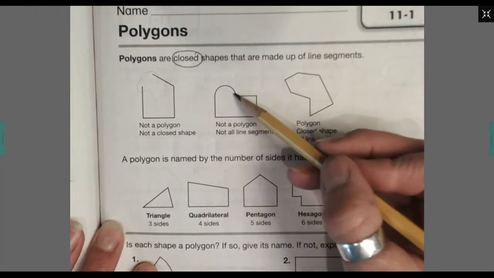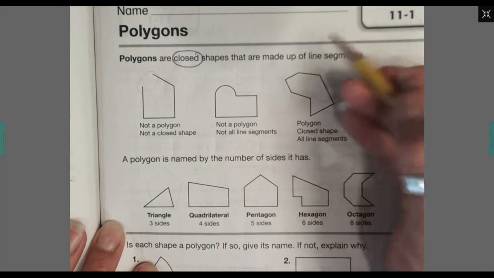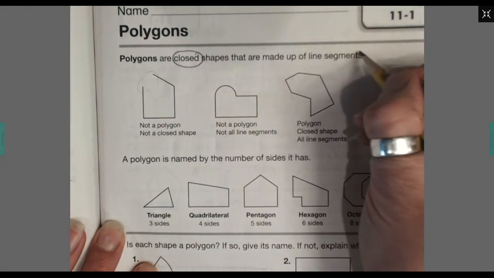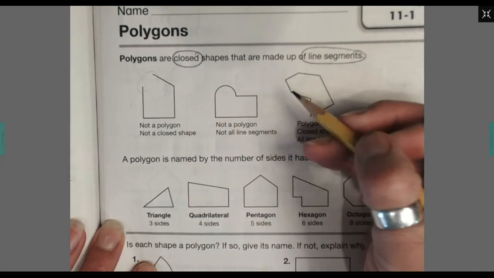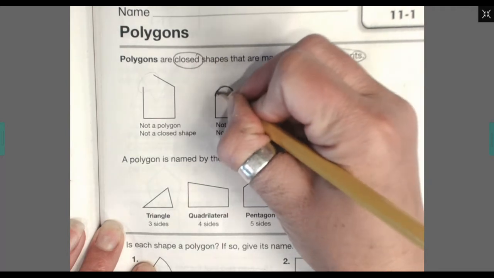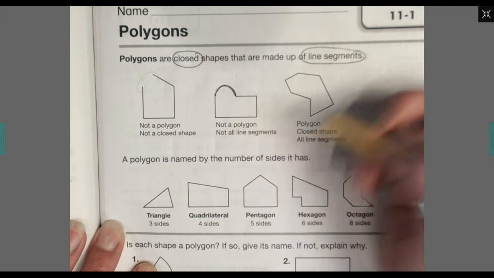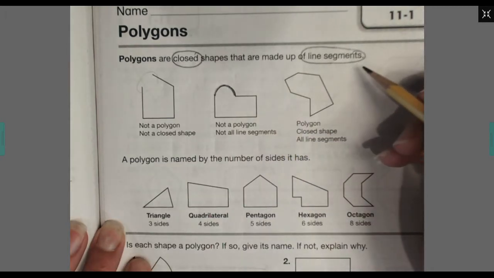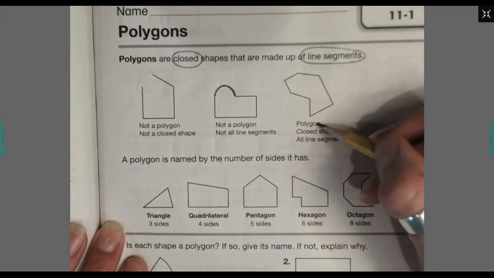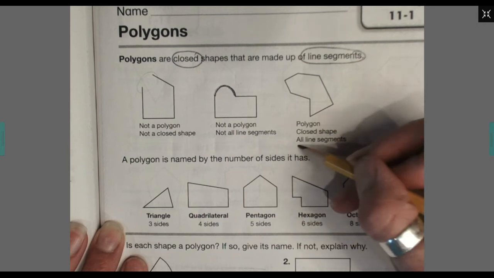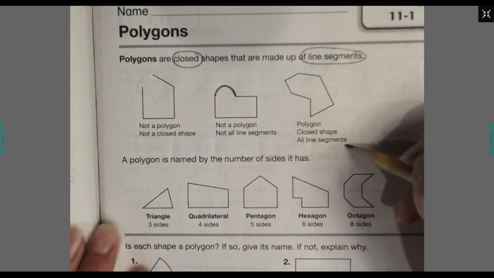And this is also not a polygon because polygons are made up of line segments. So this has a curve. That means it's not a polygon. Interesting. I learn something new every day. Polygons are closed shapes and they're only made up of line segments.